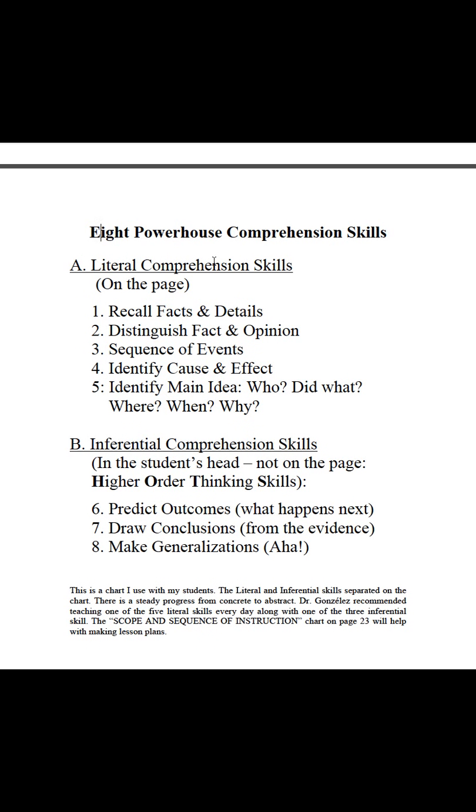The sequence of events is really important in understanding the story and knowing what happened first, second, and third. So in The Little Red Hen, of course, she found the seed and she asked them if they would help her, and then she planted the seed, and then she hoed the garden, and then she harvested. And you can't get those out of order, or the story's going to be all messed up.